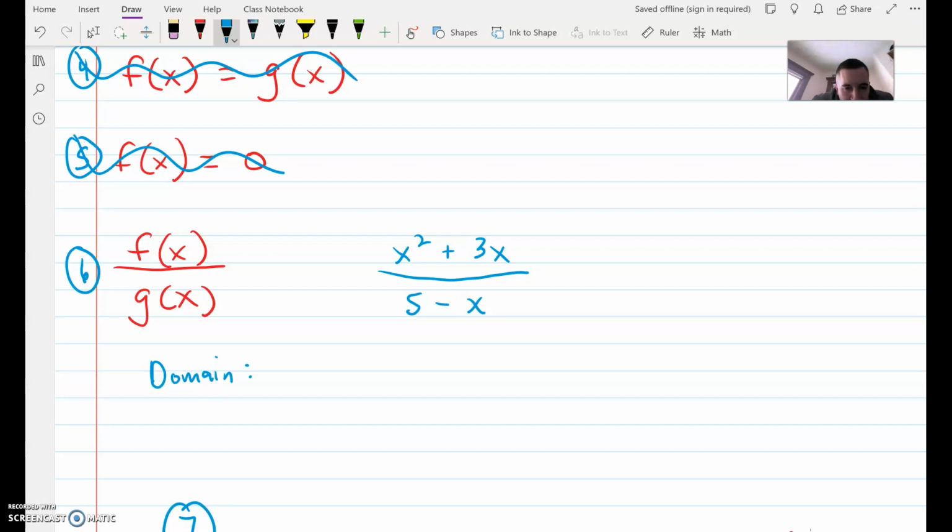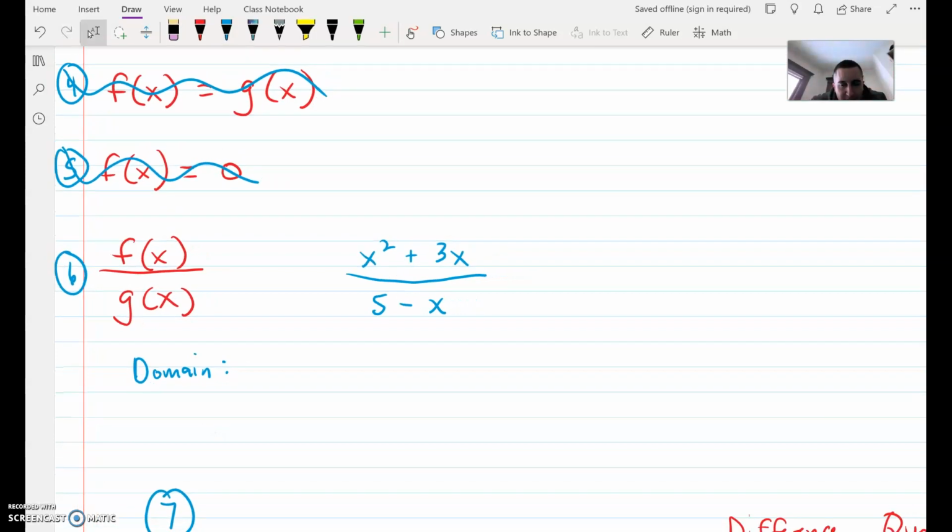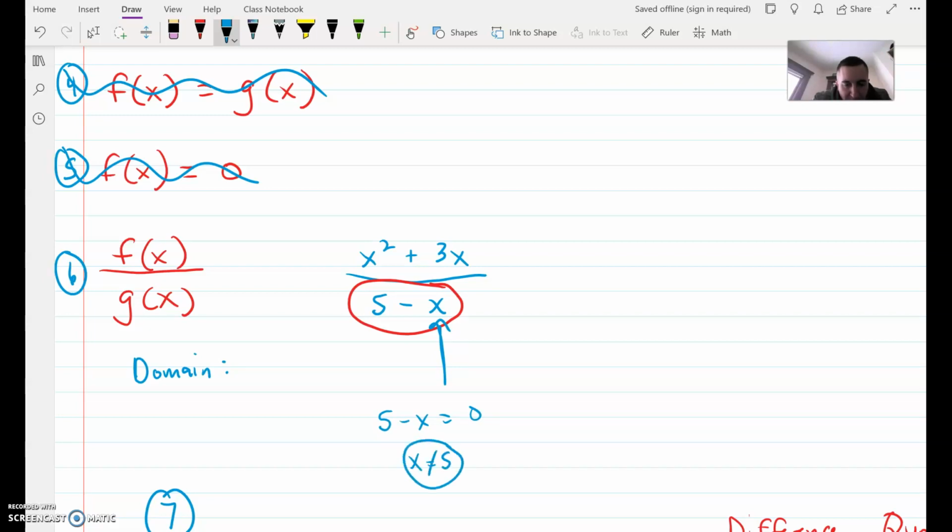What is the domain? Do we have any square roots that we have to deal with? No, so we don't have to do that. But we do need to deal with this because there is a value that x cannot be. What can x not be? We can do the math this way. We cannot let that equal 0, which would mean x equals 5. X cannot be 5 or else we will get undefined.